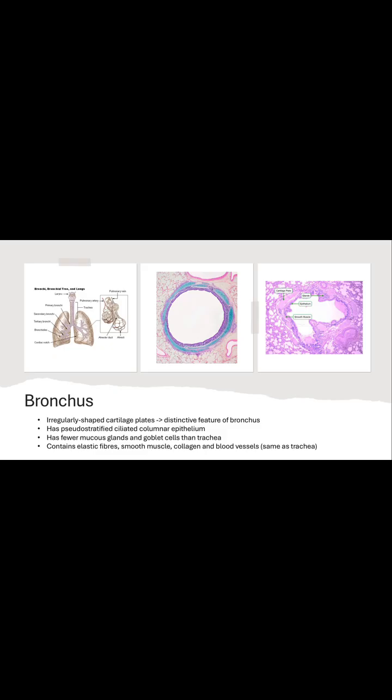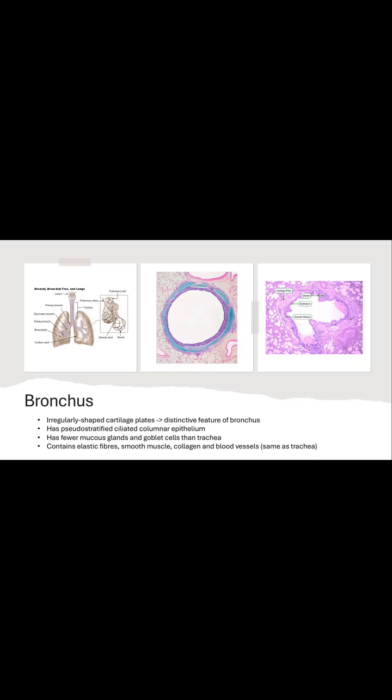You'll also notice, because cilia are the little hairs on our epithelium that push the mucus up towards our trachea, towards our throat to then be swallowed, that we get less and less cilia further down as well. Now, the bronchus also contains connective tissue, which would be elastic fibers, smooth muscle, collagen, and blood vessels.